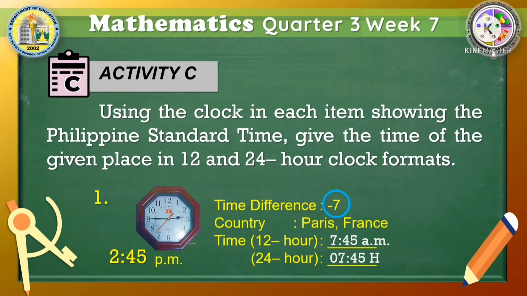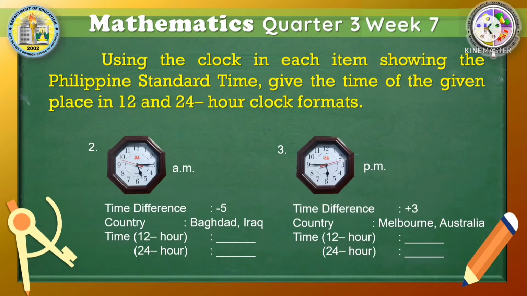You may now subtract 7 hours from 14:45 hours. The answer is 7:45 a.m. That is in 12-hour clock format, while 07:45 hours is in 24-hour clock format. Now, are you ready to accomplish item number 2 to 5?